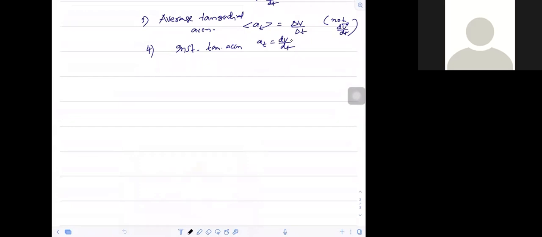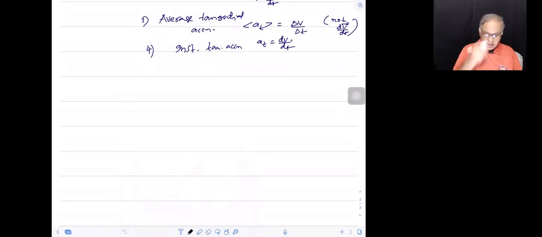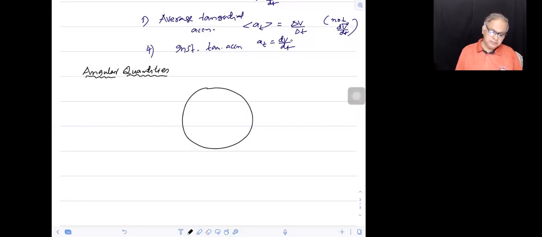Hope you're not sleeping there. Now, angular quantities, if I define angular quantities, once again I'll take my circle, the same center.